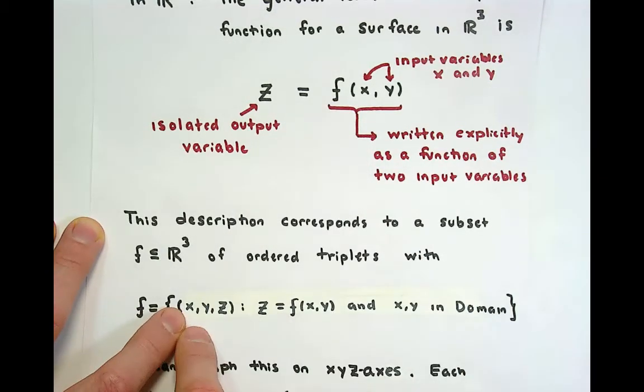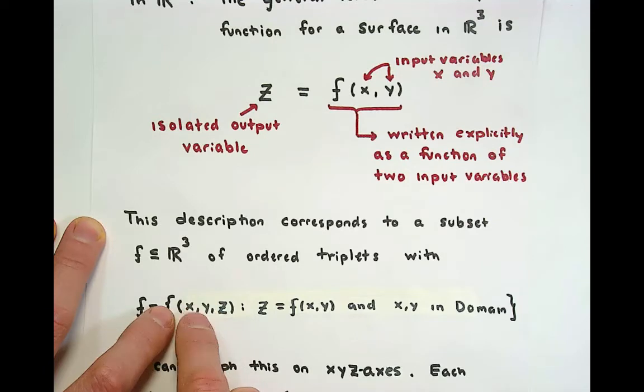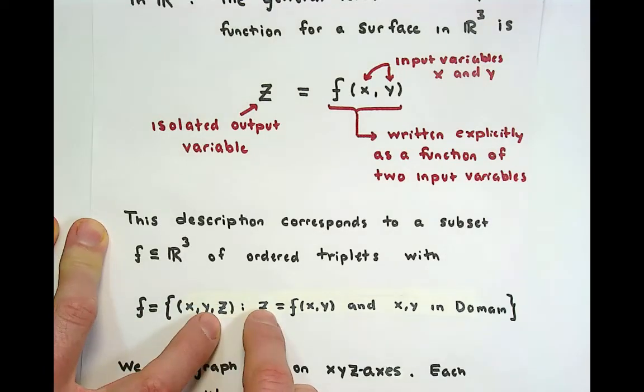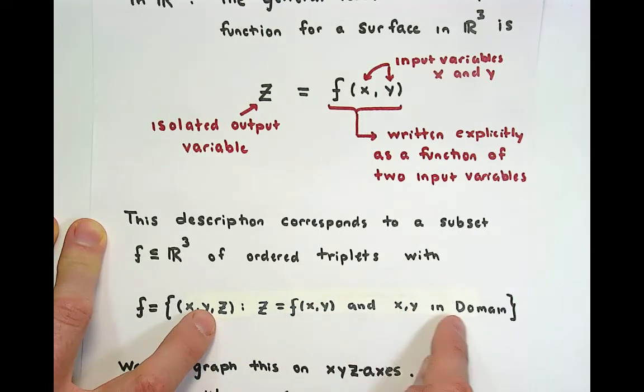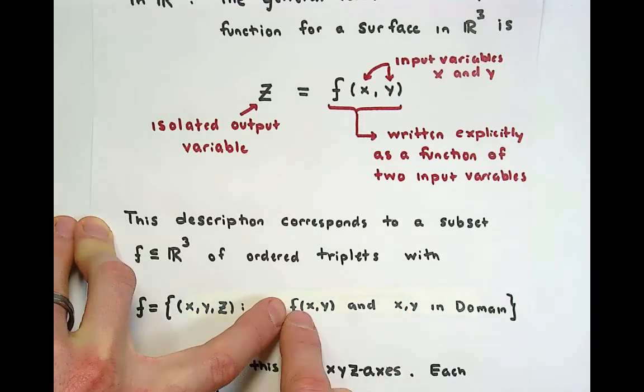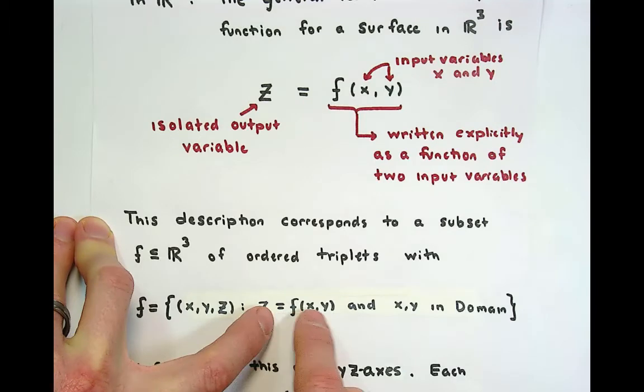So here we have x comma y comma z, and then the condition on these ordered triplets is that the output variable z is given by evaluating the equation f at inputs x and y, and then of course x and y should be in the domain. So we shouldn't evaluate this thing anywhere where it doesn't make any sense.